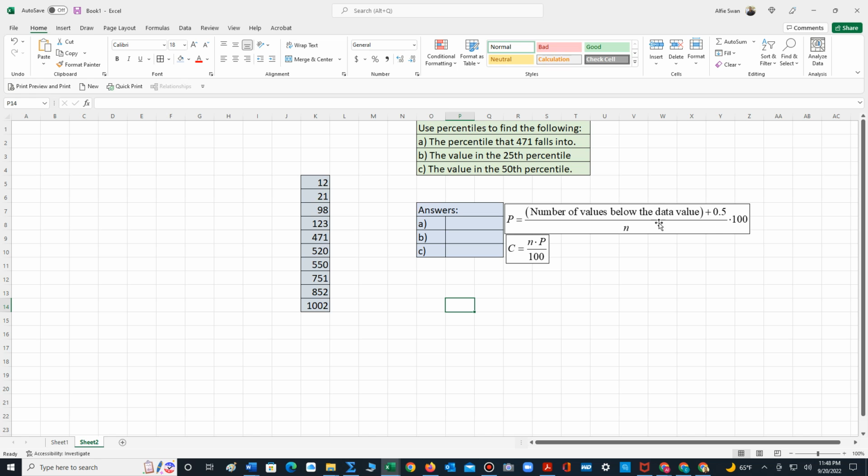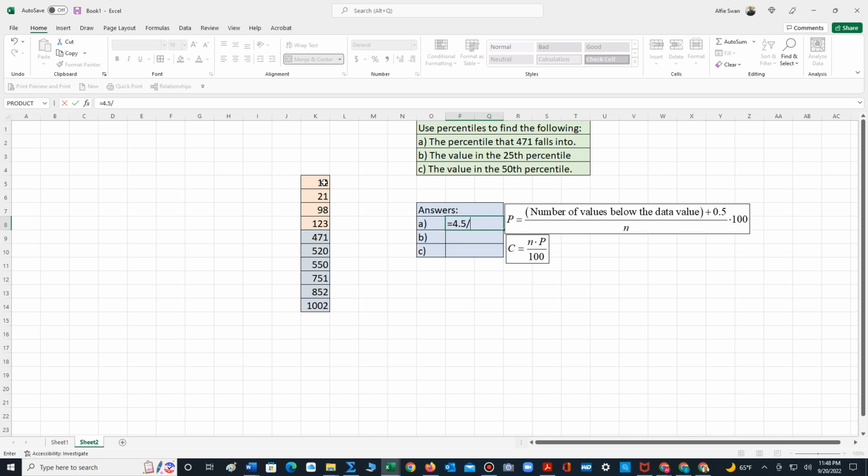So let's count how many data values are below 471. It turns out that there are 4. So in a separate cell, to answer the question, we have 4 plus 0.5. So 4 plus 0.5 is 4.5, divided by the total number of data values.